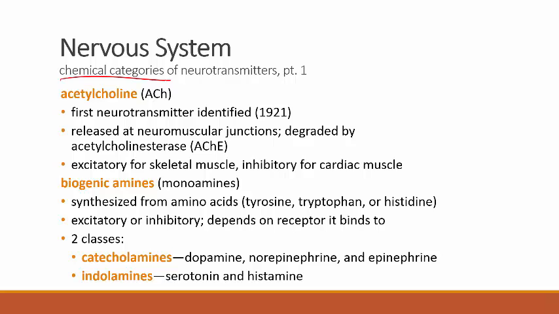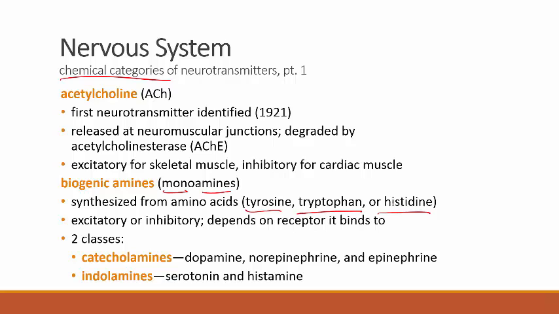Biogenic amines, also called monoamines, because only one amino group is found here. These are neurotransmitters that have been synthesized from one of three amino acids: tyrosine, tryptophan, or histidine. Those are each an amino acid, and so we produce biogenic amines from one of these three amino acids.